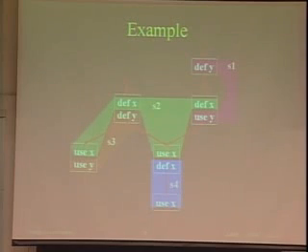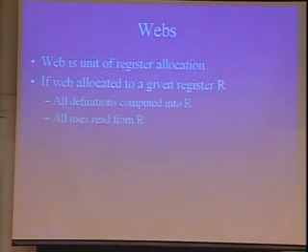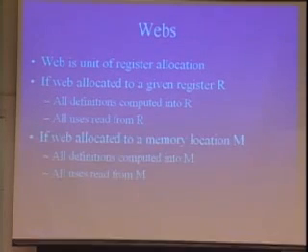So the first thing is look at each function, figure out all the webs in there. A web is basically the unit of register allocation. If you allocate a register for that web, the entire operations within that web take that register. And a web can get either a register or be allocated to memory.